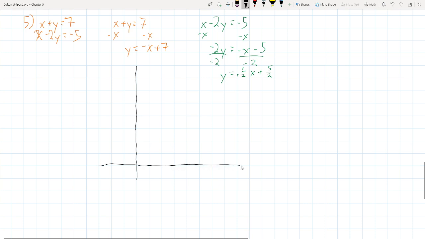Put a line going across like that, and like that. Alright, let's graph the orange one first. You can do whichever one you want to do first. I'm just doing orange because. So I go up to 7, 1, 2, 3, 4, 5, 6, 7. Put my point. Look at my slope. It's negative 1, so it's down 1, right 1.